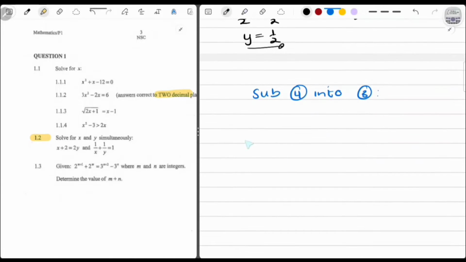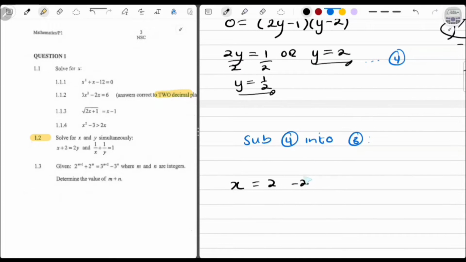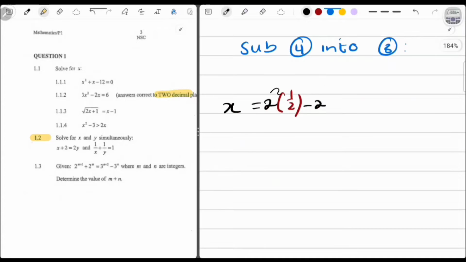So we know now that equation 3 says x is equal to 2y minus 2, right? So in place of y, we're just going to substitute our y value. The first one is a half. You can just substitute that into the calculator too.